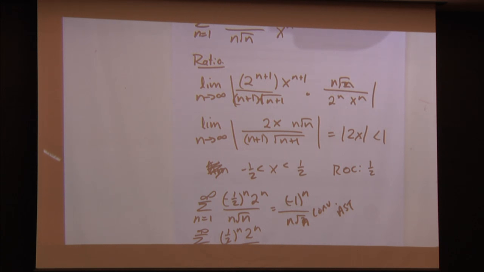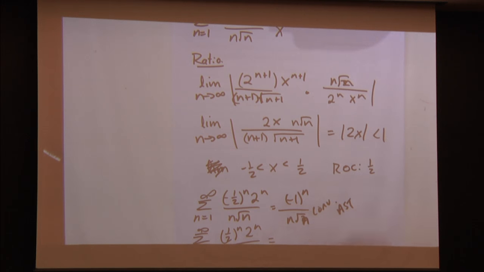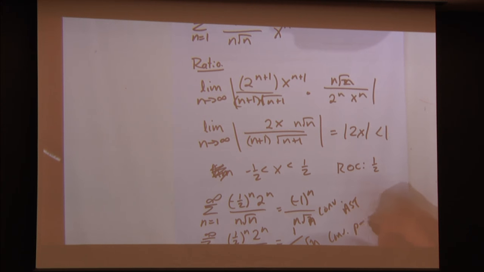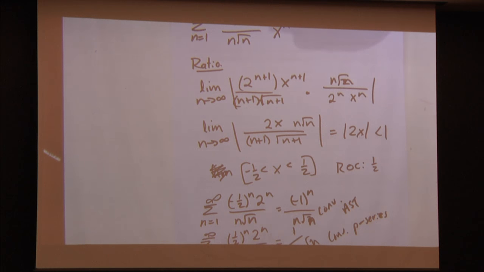You have the other bound. That's equal to 1 over n root n. It's greater than 1, so it converges by p-series. So you're going to use brackets.